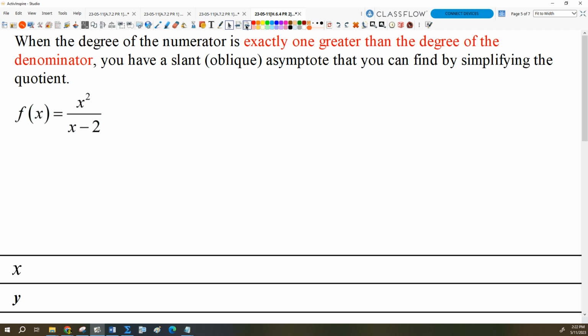Anytime the degree of the numerator is exactly 1 greater than the degree of the denominator, you can divide out those polynomials, and what you're going to get is the equation of a line plus some rational piece that's going to involve the remainder, right? Like I can use synthetic division here to divide this out, right?